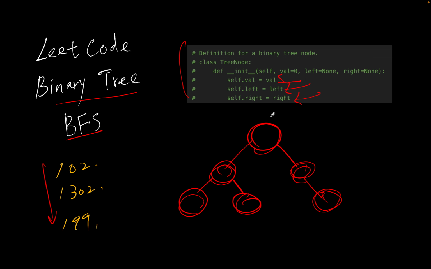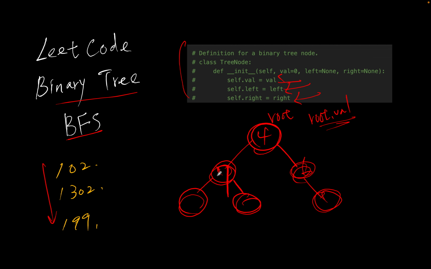For example, if this node is root node and it has the value 4 and have the left node 7 and the right node 6. How to retrieve the 4 value? You should use root.value to get the 4 value.